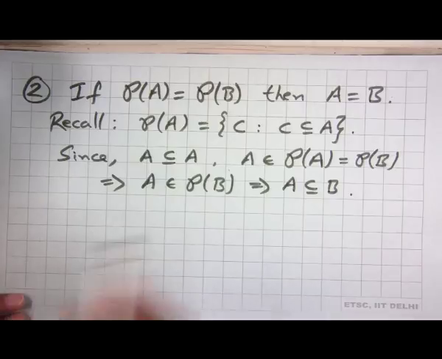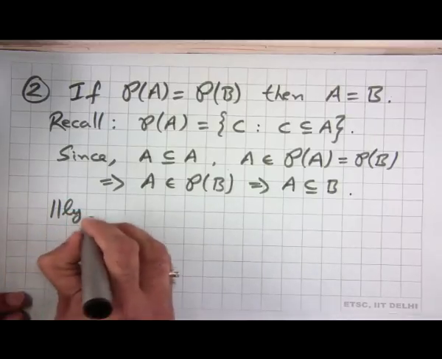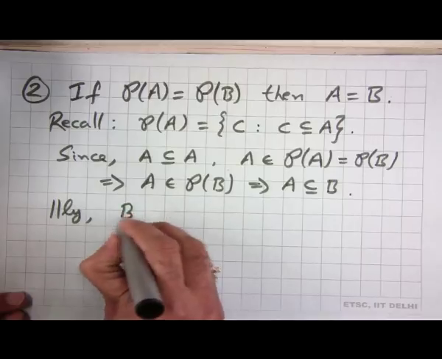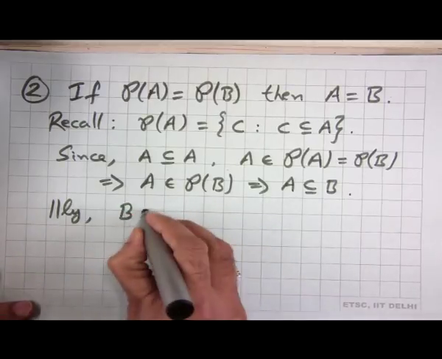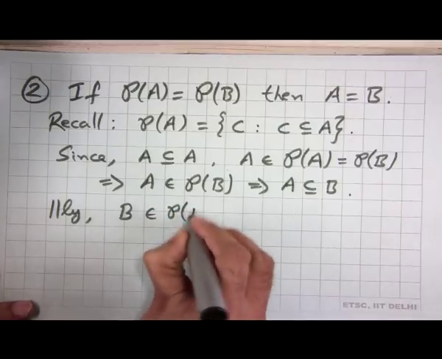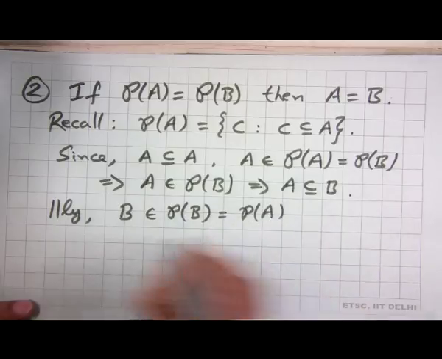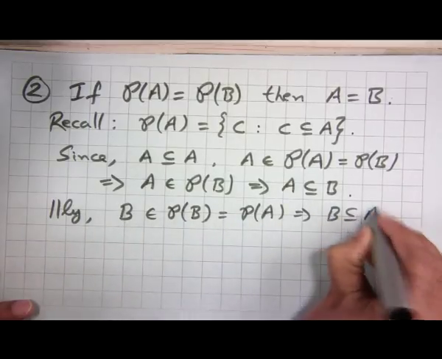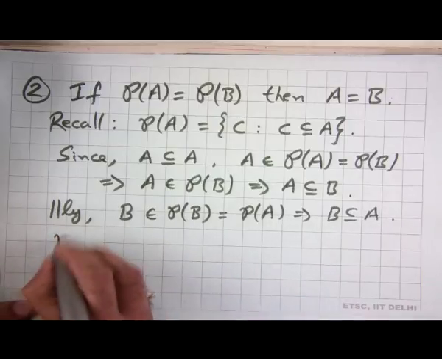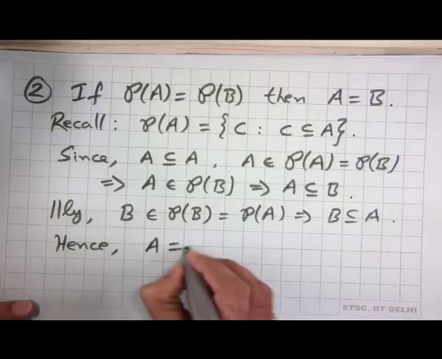And similarly, B belongs to power set of B, which is equal to power set of A. This implies that B is a subset of A. Hence, A is equal to B.